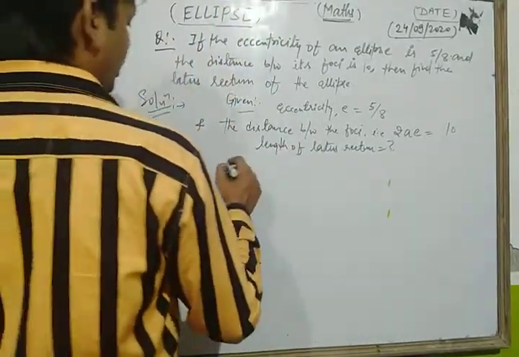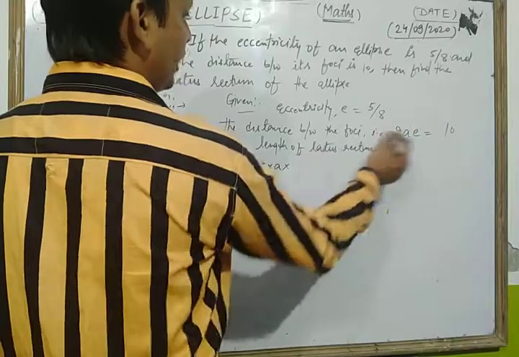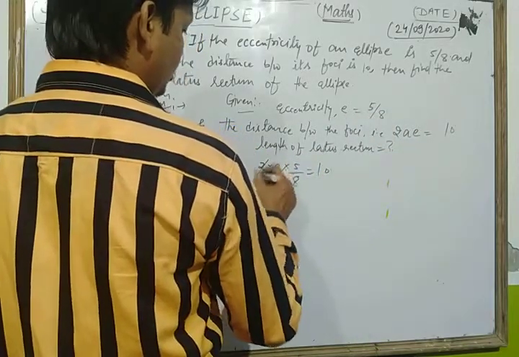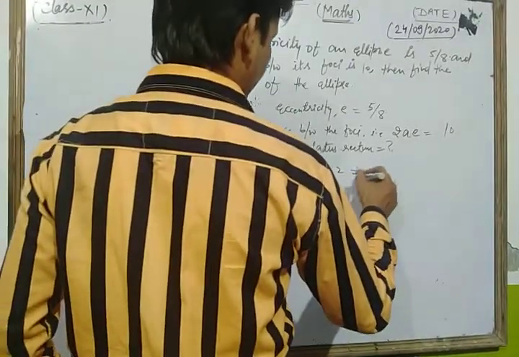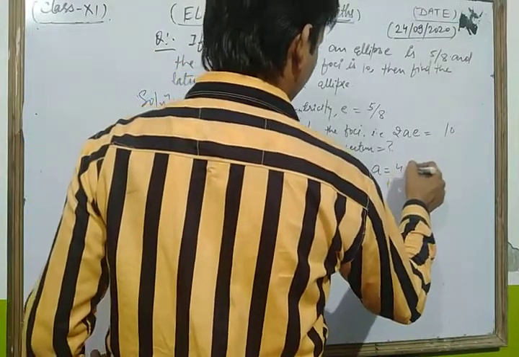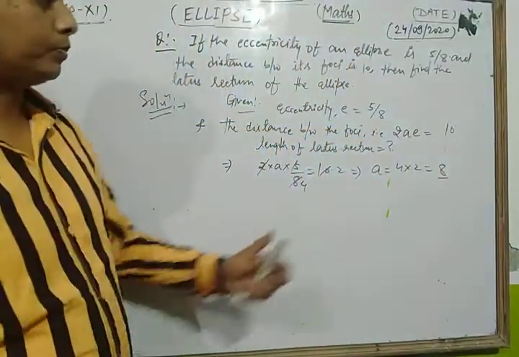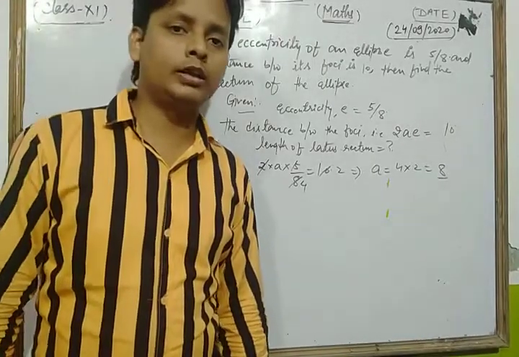Let's see. Now we put 2 into a into the value of e, 5 by 8, is equal to 10. Now look here, 2 4s are 8, and 5 2s are 10, so we get a equal to 4 into 2, that is 8 units. So in this way we get the value of a as 8 units.